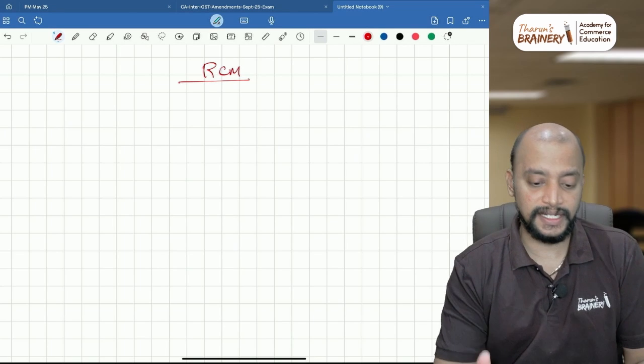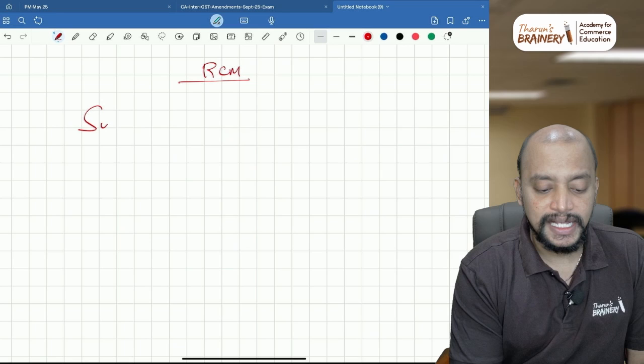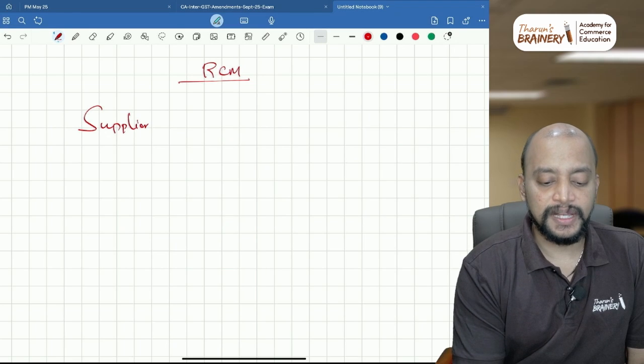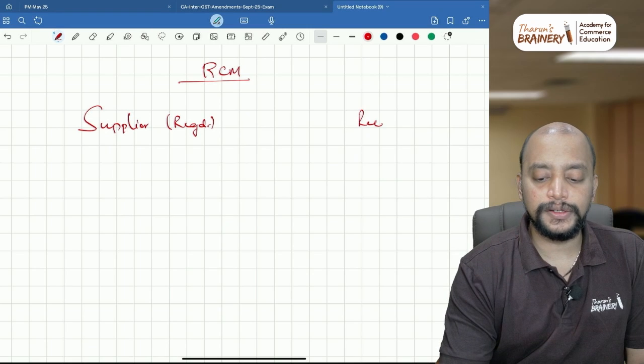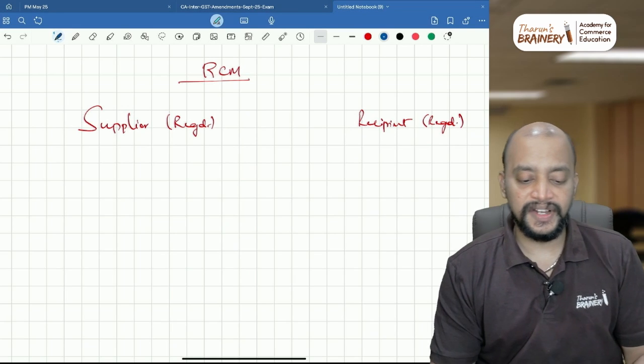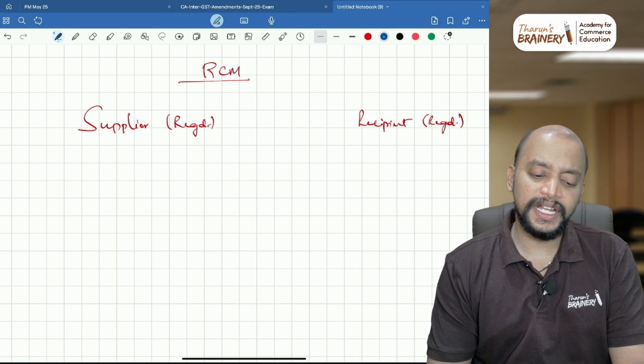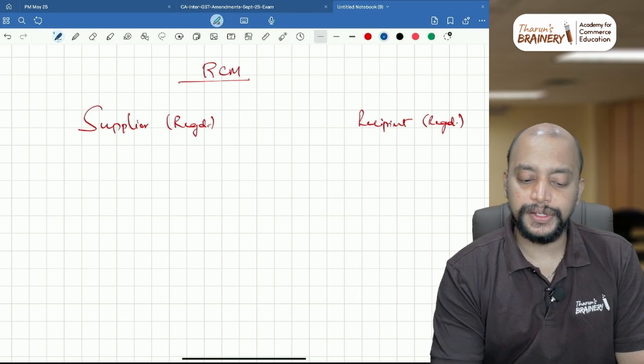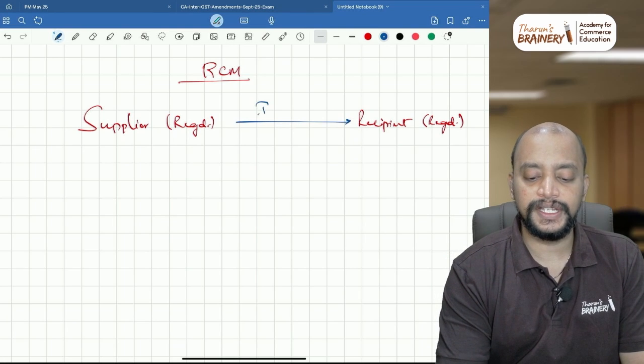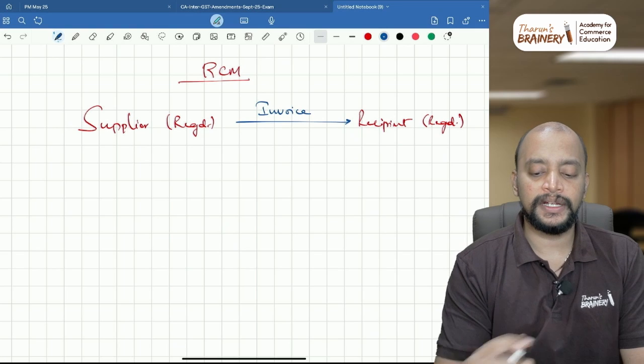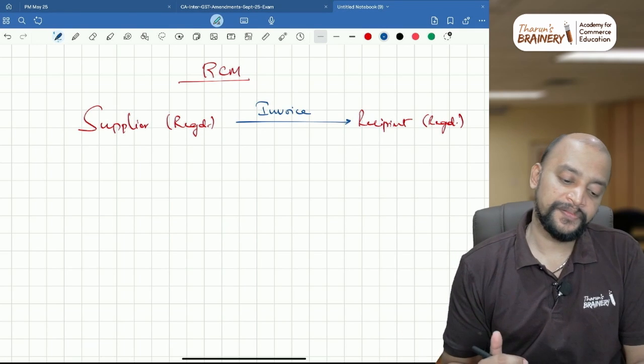In the context of RCM, if supplier is registered, of course recipient is also registered. So who will be giving invoice to whom? Definitely supplier only will be giving invoice to the recipient. Invoice is given by supplier to recipient, no doubt.